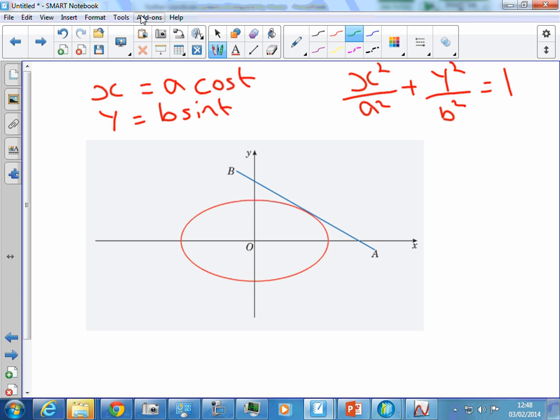So let me draw another tangent, just to demonstrate that the midpoint doesn't necessarily have to be a tangent. It's just a point.